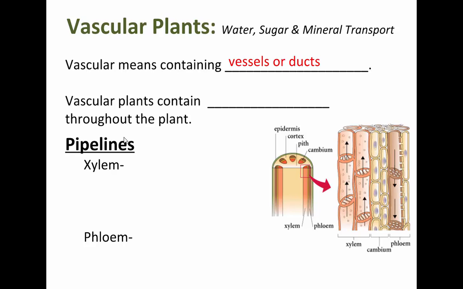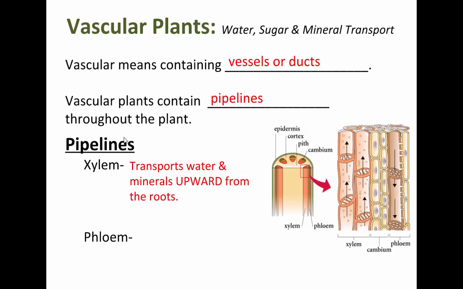So plants have vessels in them, tubes, ducts, whatever you want to call them. They're like pipes that run throughout the plant, taking things from place to place. There are two types of tubes running through plants, called the xylem and the phloem. The xylem is the tube that carries water.